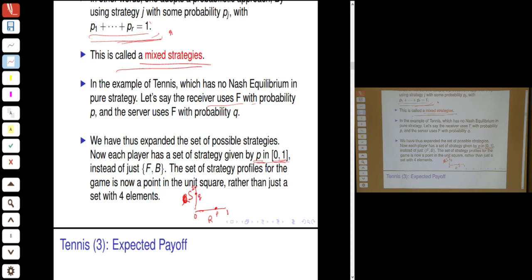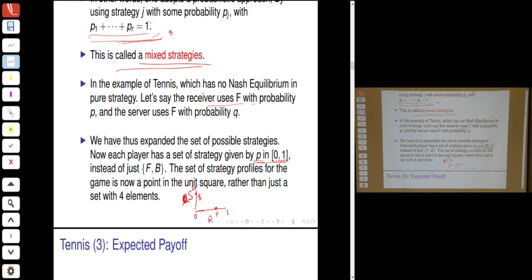If the receiver calibrates his strategy by a particular choice of P, which is the proportion of choosing forehand in the interval 0 to 1, the server will similarly calibrate his strategy with a choice of Q, which is the server's proportion of hitting forehands.